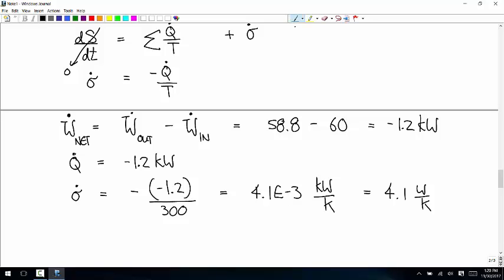Rather than trying to think about how it makes sense physically, just remember that we derived that Clausius inequality from the second law of thermodynamics, and that Clausius inequality is where the definition of entropy came from.